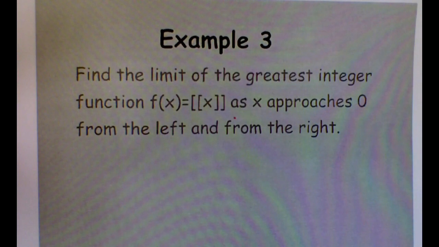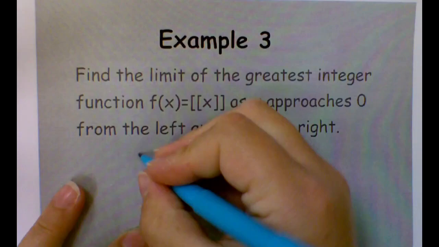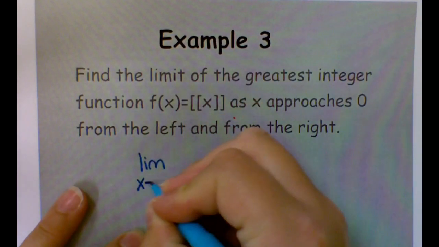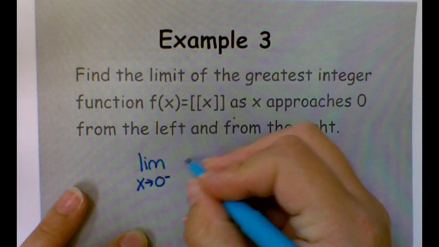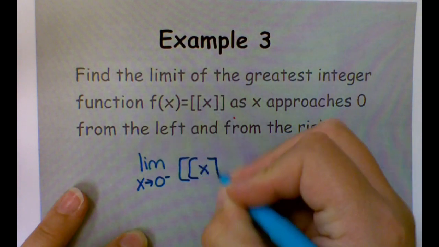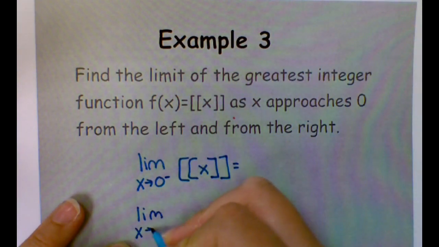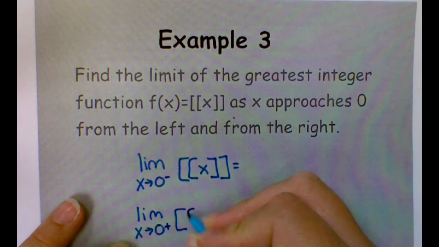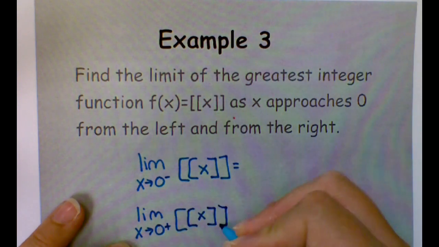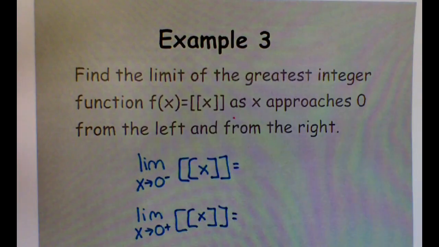So let's find the limit of the greatest integer function as x approaches 0 from the left and from the right. So the limit as x approaches 0 from the left of the greatest integer function, and the limit as x approaches 0 from the right of the greatest integer function. As I come in from the left, these are values less than 0.